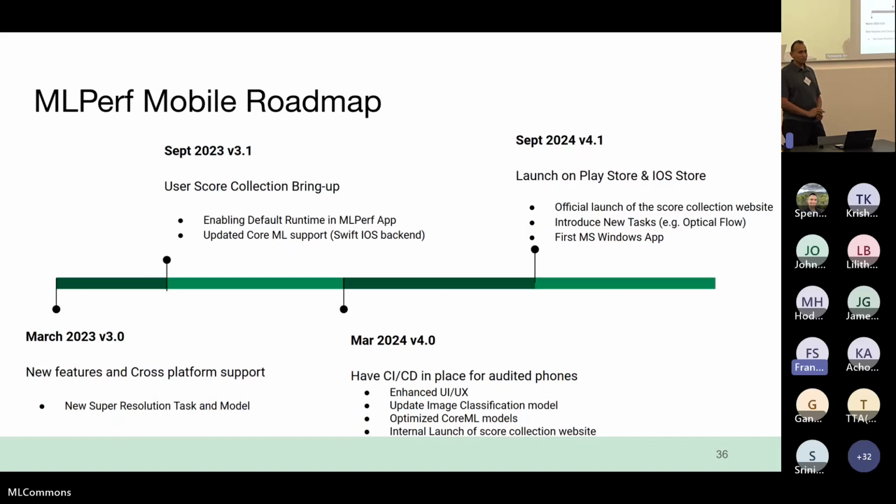If somebody has experience with this, it would be really useful to hear your experience, because we've been trying to enable this. Basically, we have an MLPerf app, and whenever there's a pull request in the MLPerf app, we want to make sure this pull request is tested on physical phones. So we're trying to set up this within MLCommons. We don't have enough expertise for this, so if somebody can help us, that would be great.